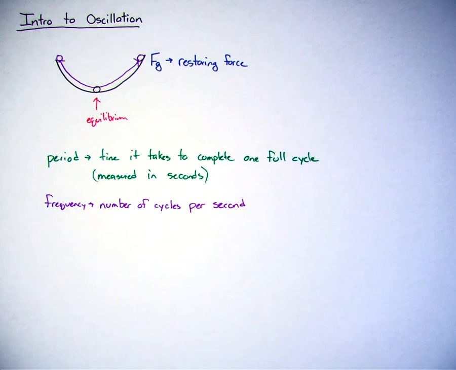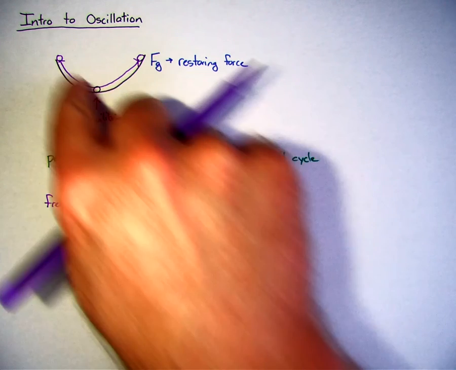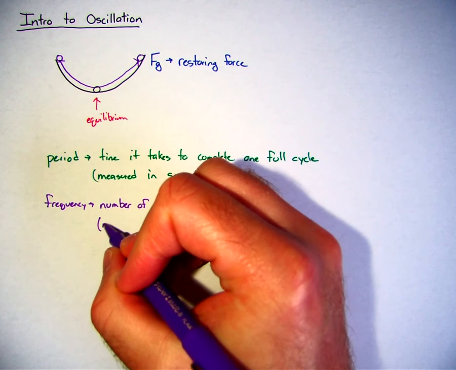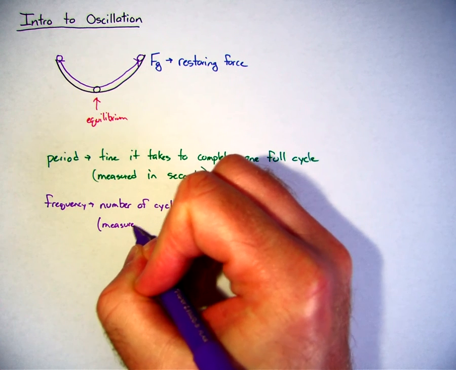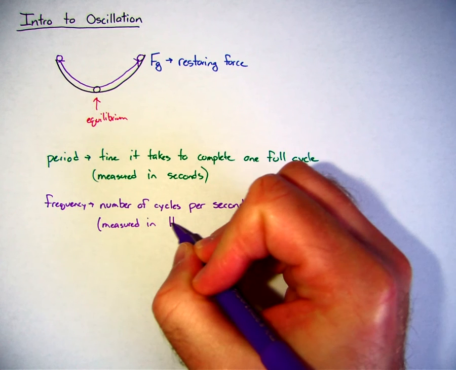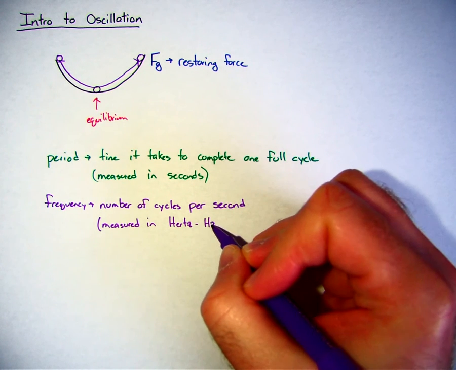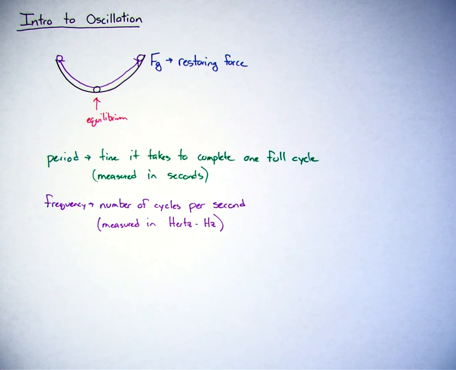So if we look at how many cycles we have every second, that's going to be the frequency. Now the frequency is actually measured in hertz, which we abbreviate Hz.